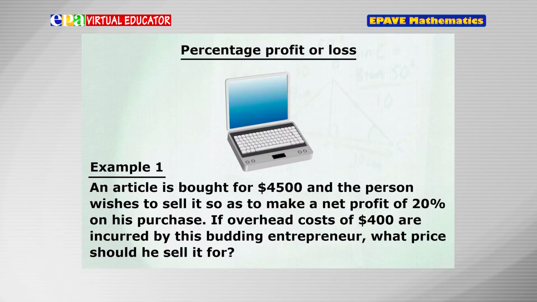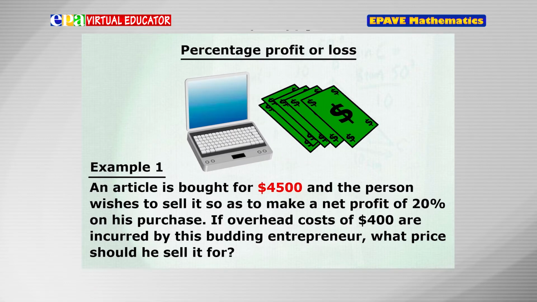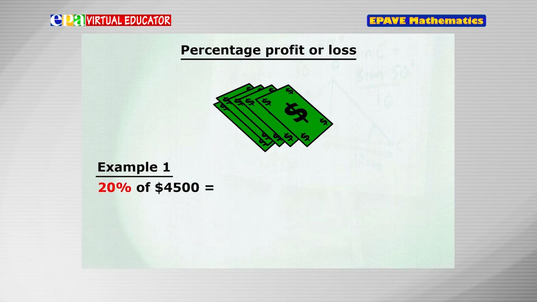Look at this example. An article is bought for $4,500 and the person wishes to sell it to make a net profit of 20% on his purchase. If overhead costs of $400 are incurred by this budding entrepreneur, what price should he sell it for? 20% of $4,500 is equal to 20 divided by 100 multiplied by $4,500, which gives $900.